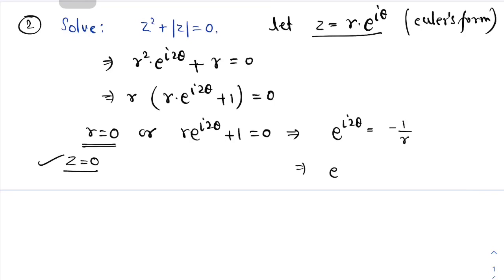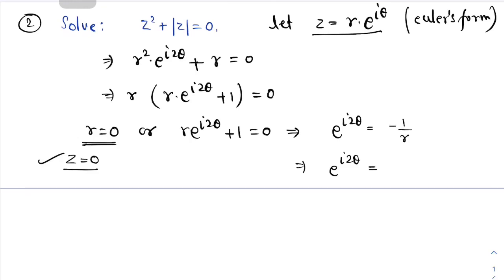So e to the power iota 2 theta is equal to minus 1 by r; the magnitude is 1 by r, and minus 1 I will write as e to the power iota pi, because minus 1 is on the negative real axis, its magnitude is 1 and its amplitude is pi.